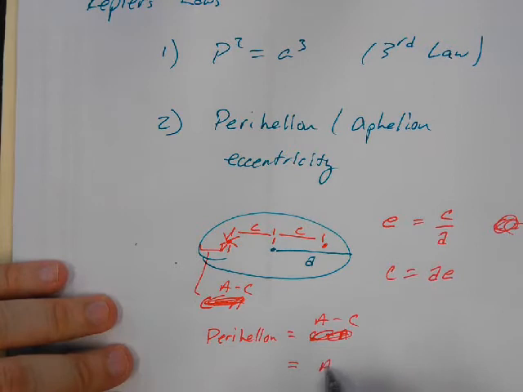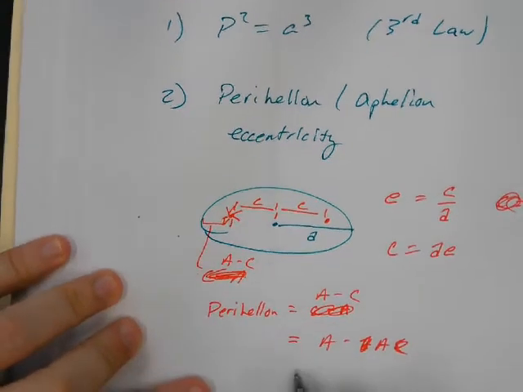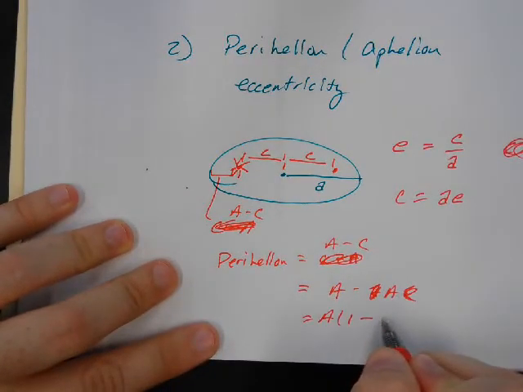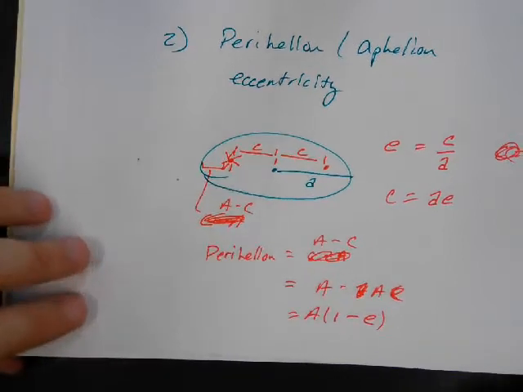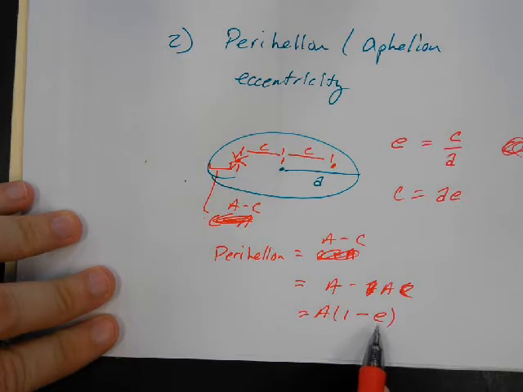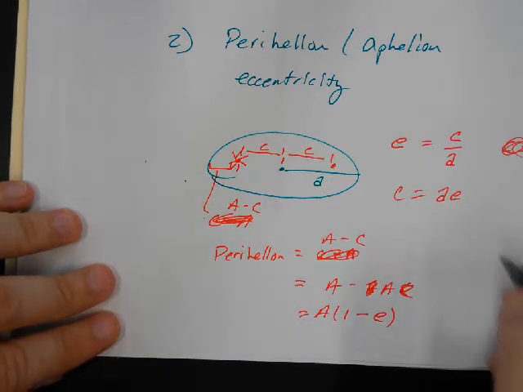So we'll have a minus a times eccentricity. This ends up being the semi-major axis times 1 minus e, 1 minus the eccentricity. And that makes sense. This is going to be a number between 0 and 1, and the larger the eccentricity, the smaller this is, and the smaller the total distance is.